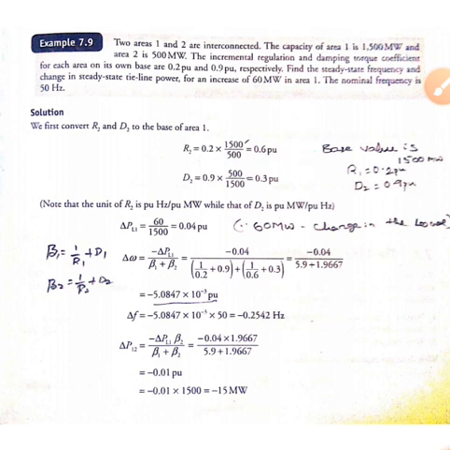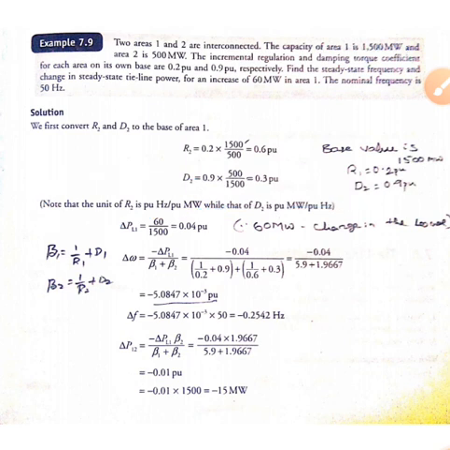After calculating these two values, you can observe that R2 is in pu hertz per pu megawatt and D2 is in pu megawatt per pu hertz. These units are very important, right?